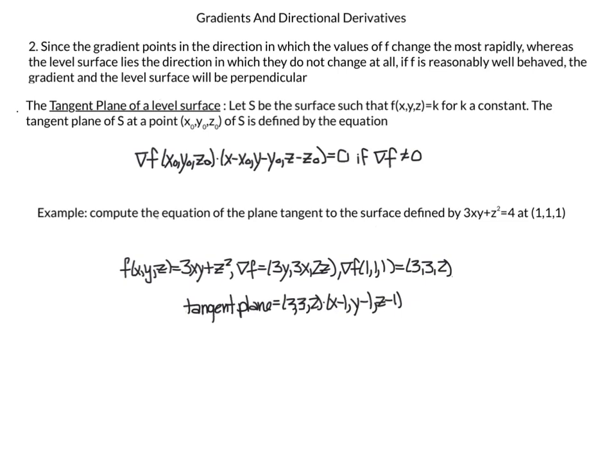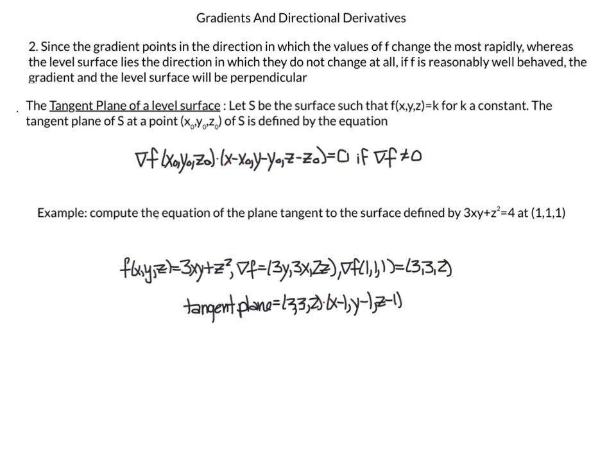The gradient gives us the direction of fastest change. And at this point, (1, 1, 1), the direction of fastest change is (3, 3, 2). Now, we want the equation of the tangent plane. So I'm going to take this gradient of f evaluated at (x naught, y naught, z naught), that's (3, 3, 2), dotted with (x minus x naught, y minus y naught, z minus z naught).